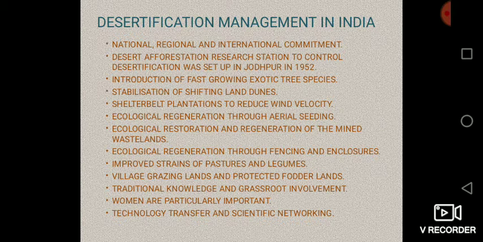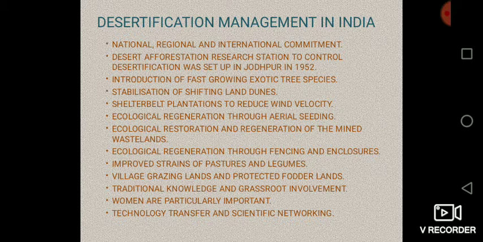Ecological restoration and regeneration of the mined wastelands, ecological regeneration through fencing and enclosures, improved strains of pastures and legumes, village grazing lands and protected fodder lands. These should be protected because fodder is an important area on which the animals survive.